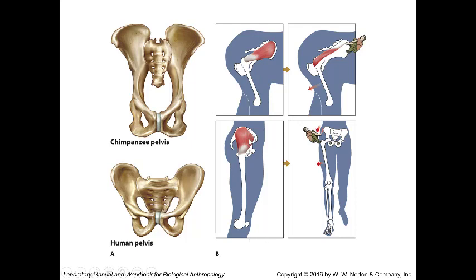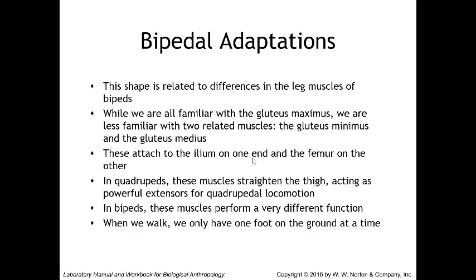Whereas we can abduct our leg outwards quite easily because our muscles allow us to do that. And we have the bone structure to allow for that. Okay. So this shape is related to the differences in the leg muscles of bipeds.